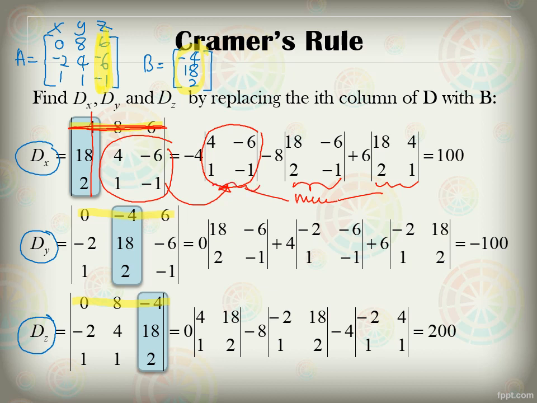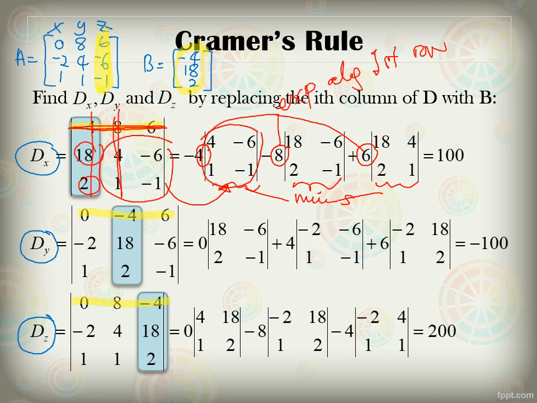And when you delete for the second one, you will have 18, 2, minus 6, minus 1. That is the submatrix. Same goes to this one. So all the submatrices here are your minors. The coefficients 6, 8, 4 here are the elements of the first row, because I choose to expand along the first row.